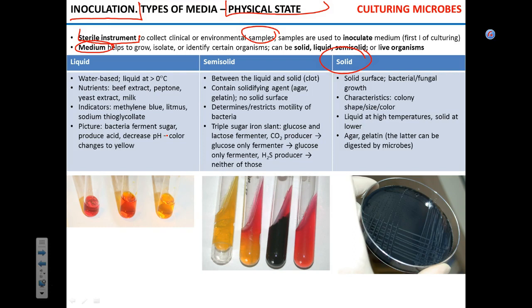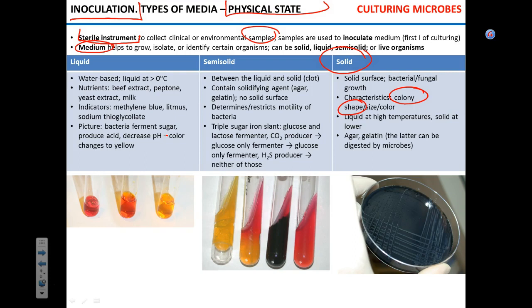What is important about agar is that it allows you to isolate, to separate microorganisms based on colony appearance. Remember when you did your hand microbes? You could see white and yellow microbes. You could separate them and grow them as individual microorganisms.